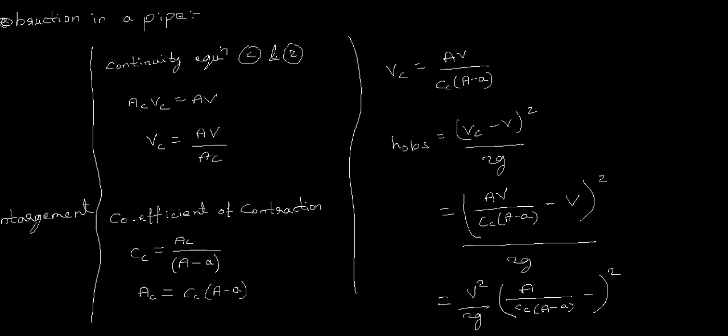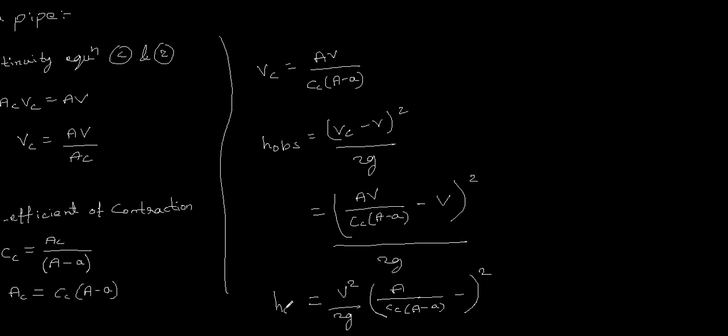This is the equation for finding the loss of energy due to an obstruction, in terms of the velocity of flow, the area of the pipe and the area of the obstacle. Sorry, here I forgot to write 1, so minus 1 whole square. This is the final equation used to find HOBS.